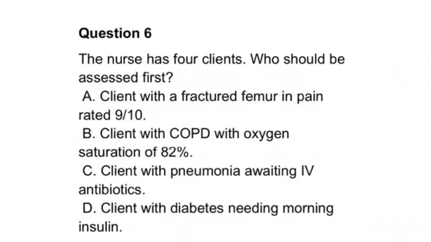Question 6. The nurse has 4 clients. Who should be assessed first? A. A client with a fractured femur in pain rated 9 out of 10. B. Client with COPD with oxygen saturation of 82%. C. Client with pneumonia awaiting IV antibiotics.